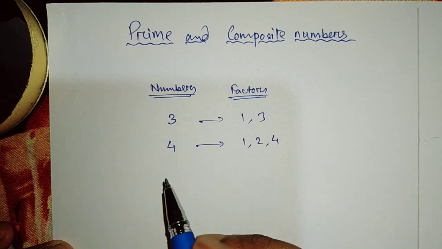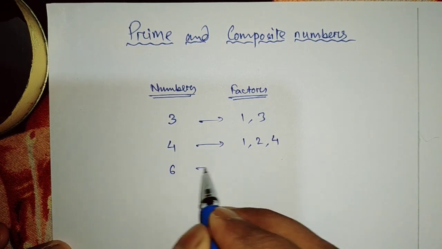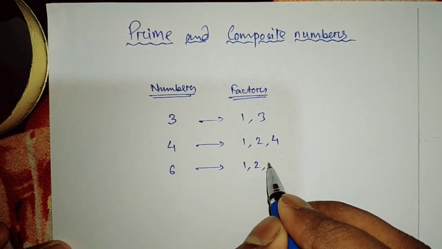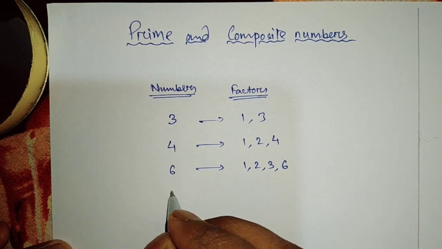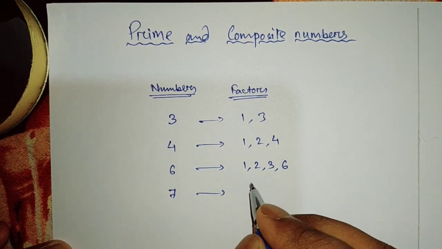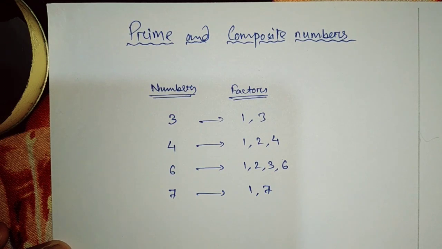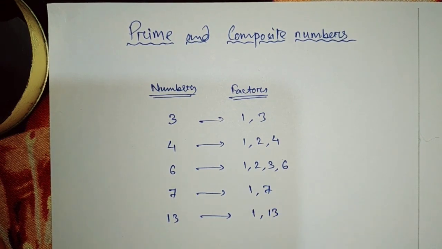Similarly, the factors of 6 are 1, 2, 3 and 6. The factors of 7 are nothing but 1 and 7. If we take out the factors of 13, 13 has only two factors, 1 and 13 itself.